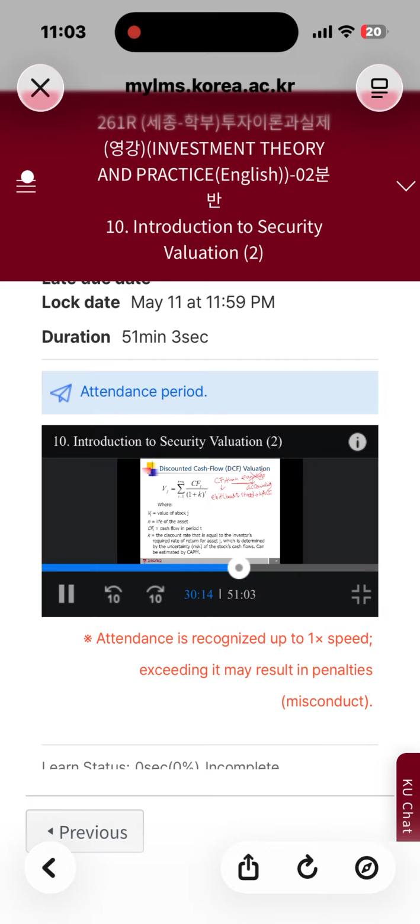Okay, because in the earnings part we consider both bondholders' cash flows and stockholders' cash flows. So therefore we have to use a weighted average cost of capital, considering the required rate of return on both bond and stockholders.